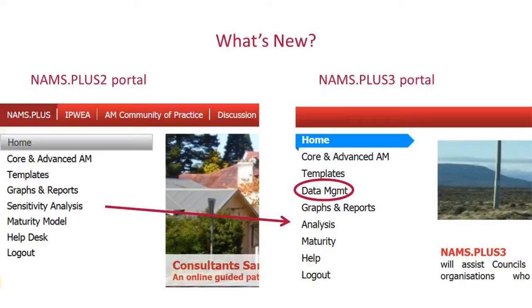These include a new tab for data management and development of the sensitivity analysis function. The NAMS+2 sensitivity analysis was originally intended to allow users to do online modelling of various scenarios in real time. This facility is now provided under the Data Management tab. We will look at these in greater detail over the next few minutes.